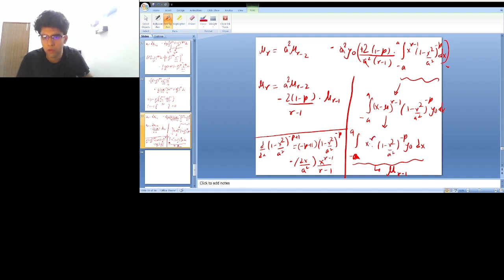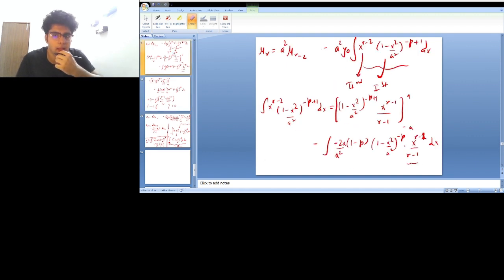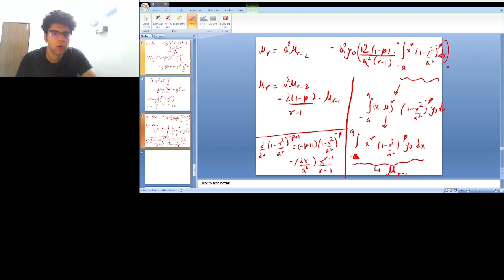So this is x to the power r, x into x bar r. So this becomes x to the power r into the PDF.